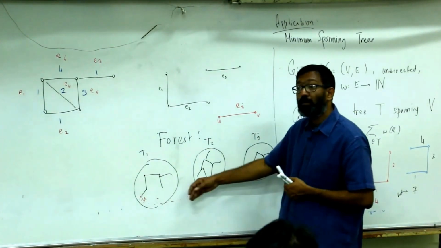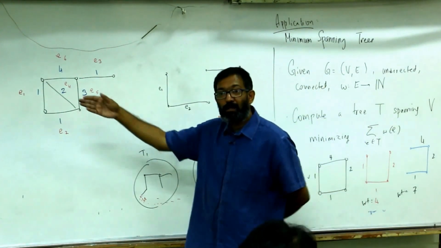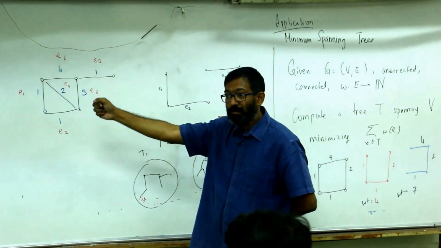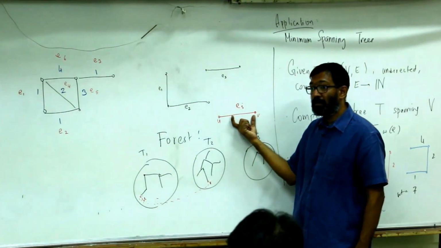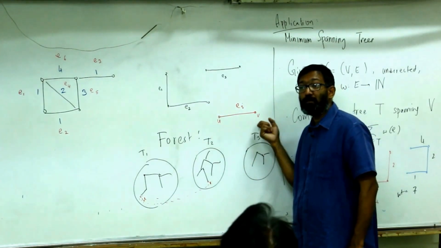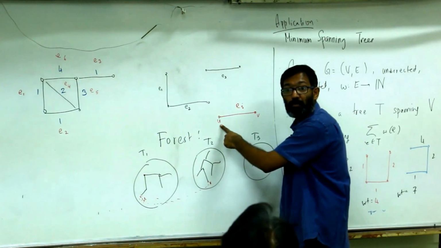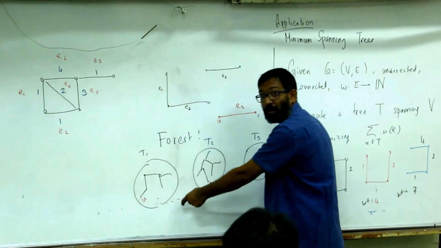So one question is, how do you implement this? Now this looks uncannily familiar with what we started with, the union find data structure, right? Given an edge UV, given an E sub I whose endpoints are U and V, we want to know which tree U belongs to. U belongs to T1.